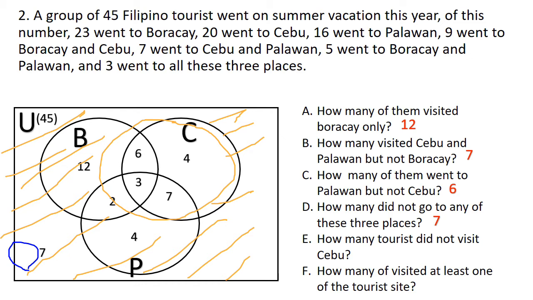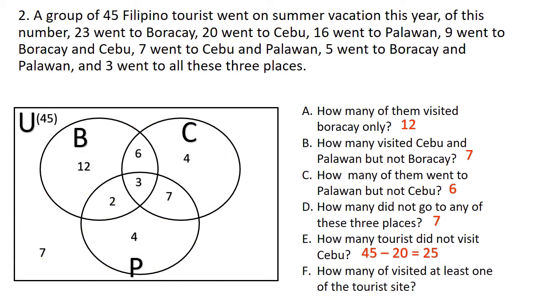And on our given, there are 20 who visited Cebu, and our universal set is 45. We simply have to subtract this 45 minus 20, and that will give us 25 tourists who did not visit Cebu.